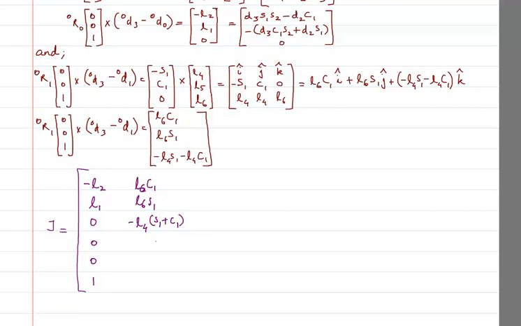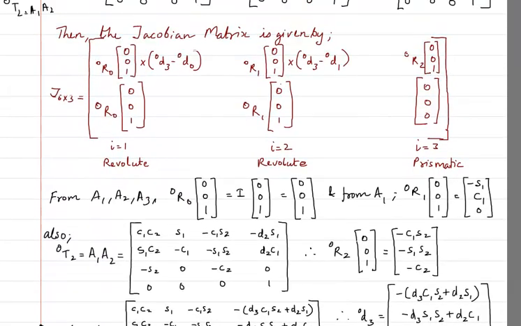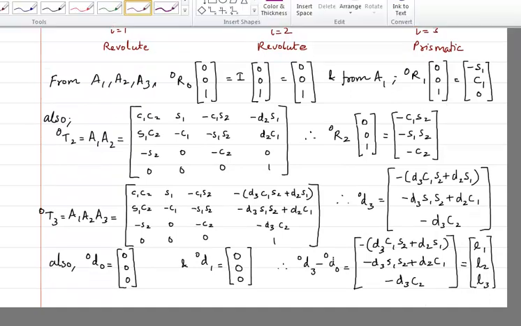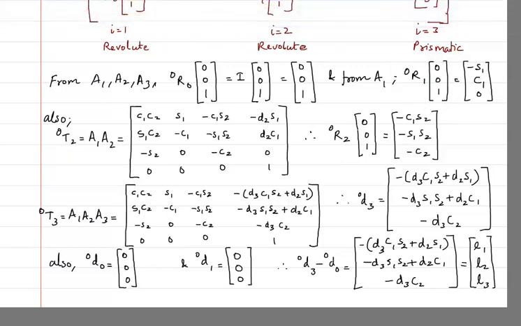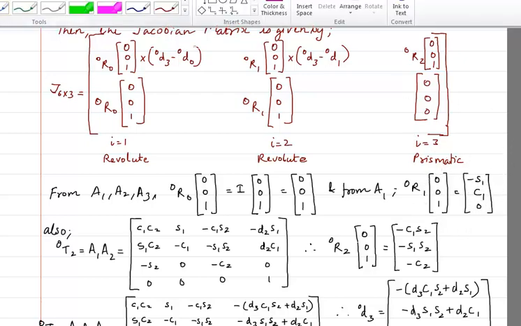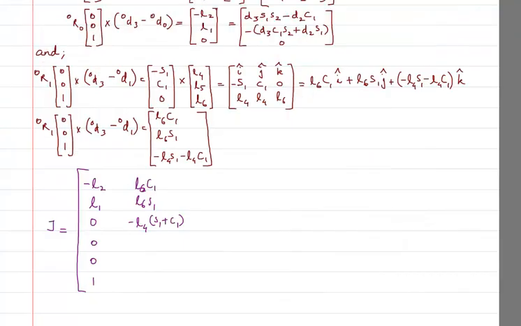Then for the bottom part, I have to look again: 0R0 001 is this one, minus S1, C1. That is the bottom part of the second column, correct? So I will substitute this one: minus S1, C1, and then the last is 0.